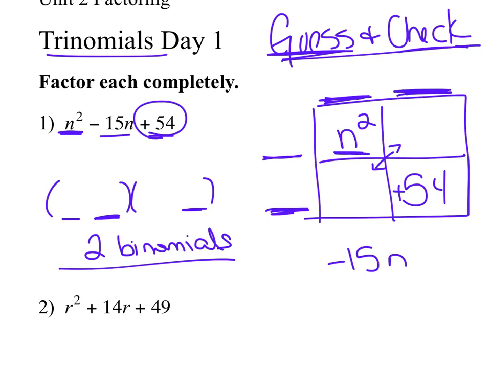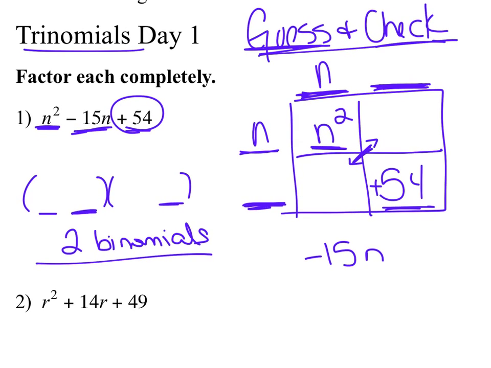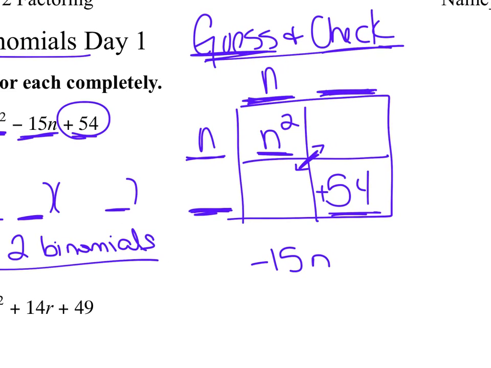Okay, so n squared. The only way we can get n squared right now is n times n. Now, to get numbers here, we need to strategically pick them. So we need to pick a couple answers that when you multiply them together give you 54, and when you add them together give you negative 15. So you can, of course, list your factors out here.